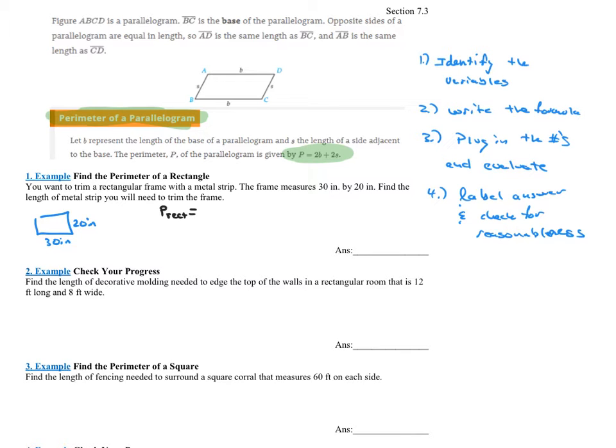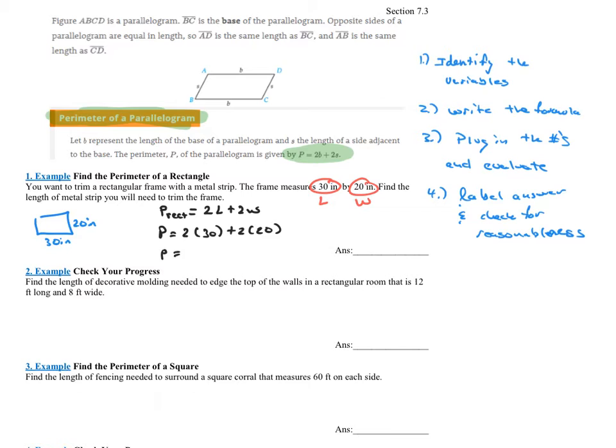So I know the formula for the perimeter of a rectangle is 2L plus 2W. So I've written the formula, but I have not identified the variables. So I'm going to come in here, 30 inches, that's my length, 20 inches, that's my width. Now I've identified the variables, I've written in the formula. So to find the perimeter, I just need to plug in the numbers, which is step 3. So this would be 2 times the length, which is 30, plus 2 times the width, which is 20.